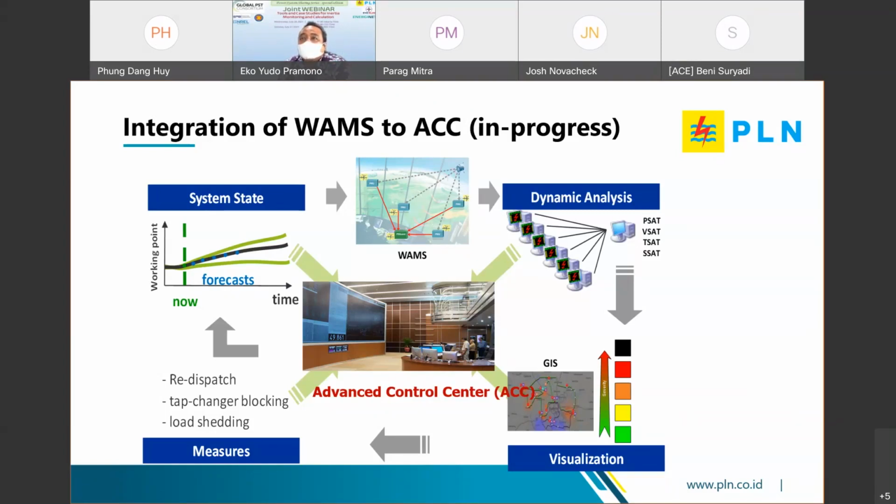We can also make daily forecasting and dynamic analysis to get the real situation, which will help the dispatcher monitor and calculate system inertia more precisely.